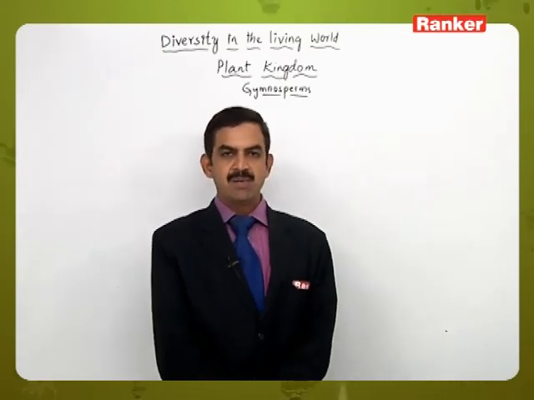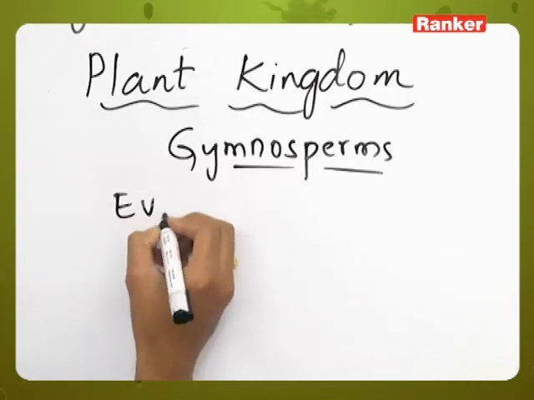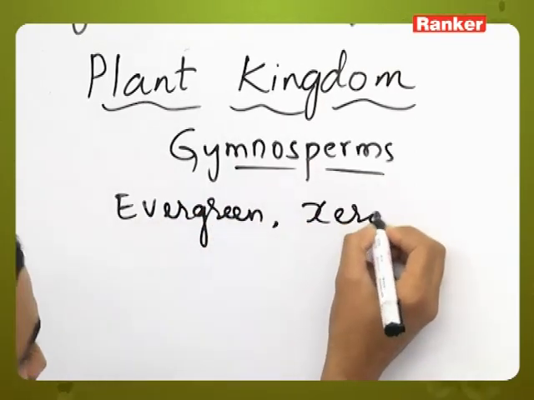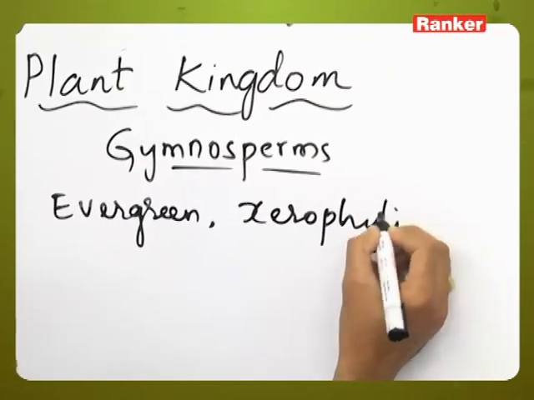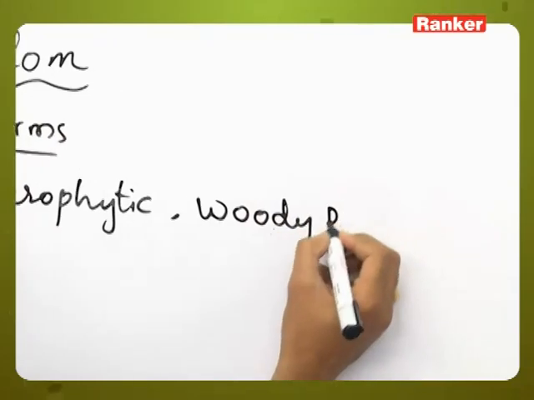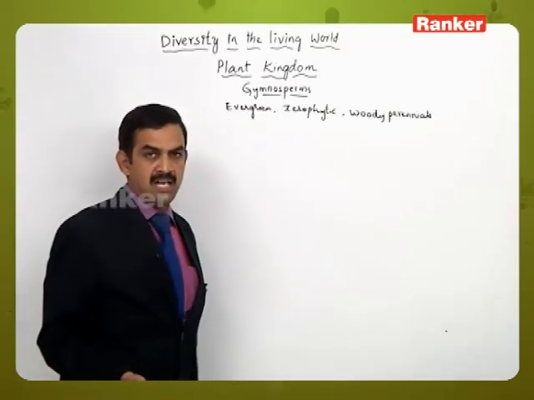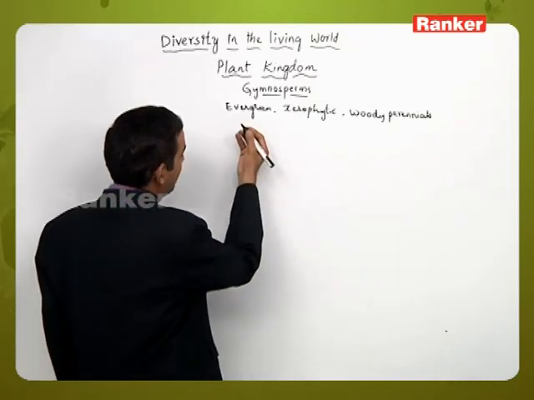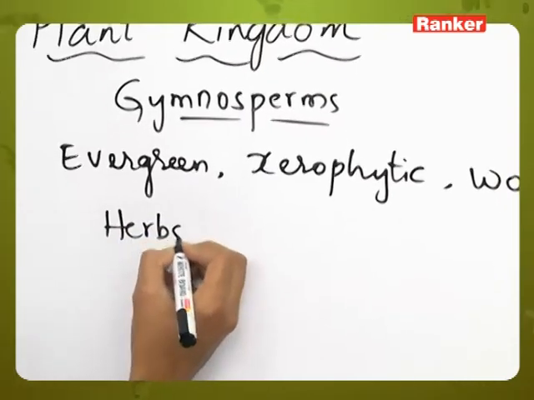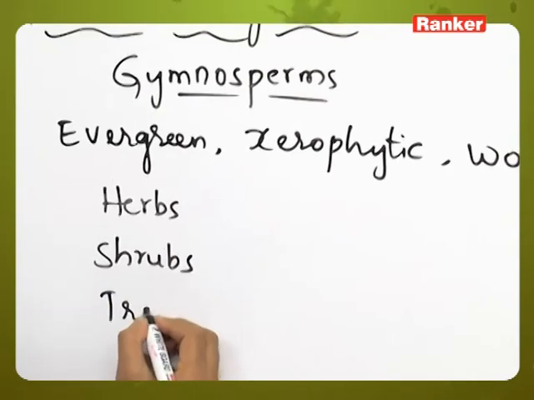If you look at the habit and habitat of gymnosperms, they are mostly present in evergreen forests, and they exhibit xerophytic characteristic features, and some of them grow as woody perennials. In habit, some of the plants are herbs, some grow as shrubs, and rarely we can see trees.